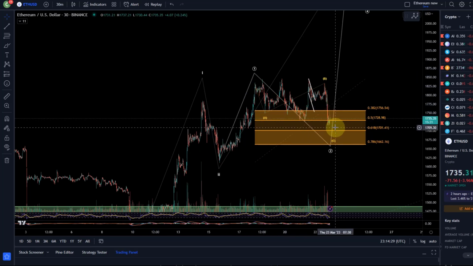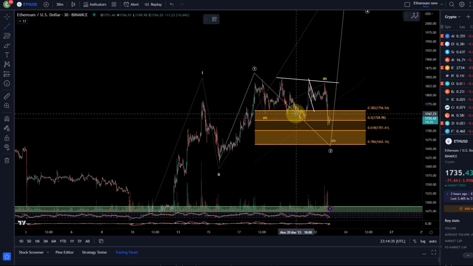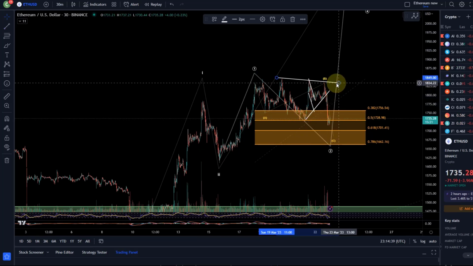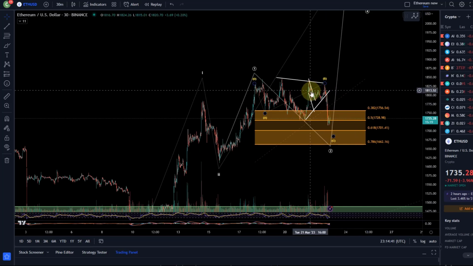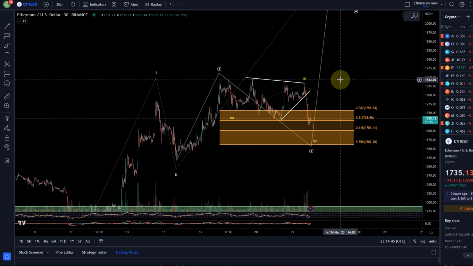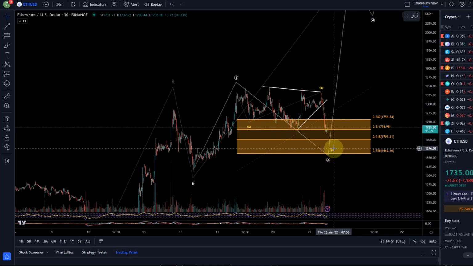That makes more sense in my opinion, so that we have this Elliott wave triangle, something like that, right? Doesn't look great, but it counts better than anything else really, and in the end it doesn't make a great difference, but it allows us to count a target for the C wave down.